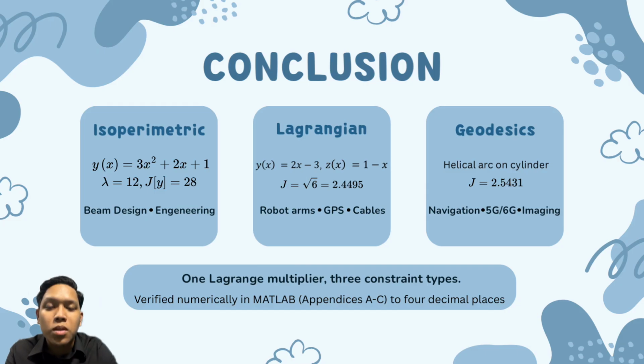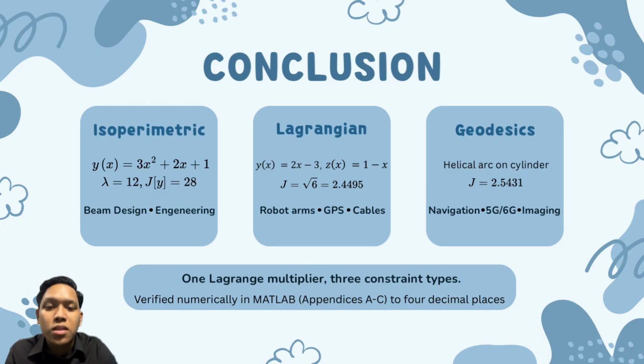For the isoperimetric problem, the extremum was y equals 3x squared plus 2x plus 1 with lambda equal to 12, reinterpreted here as a beam design trade-off. For the Lagrangian problem, the shortest path on the flat plane was, as expected, a straight line, distance root 6, about 2.45.